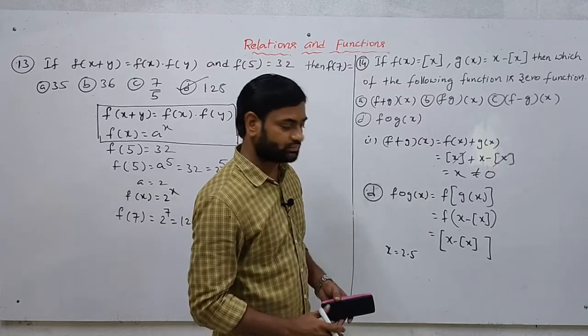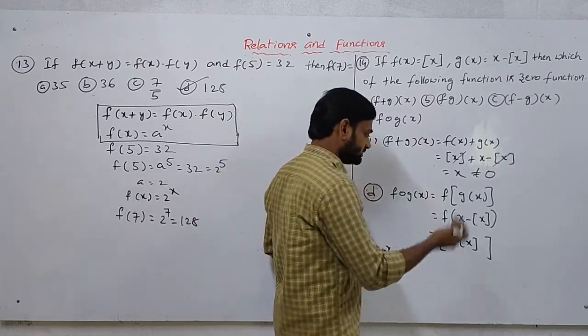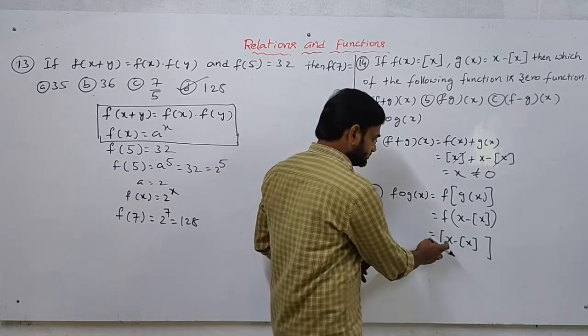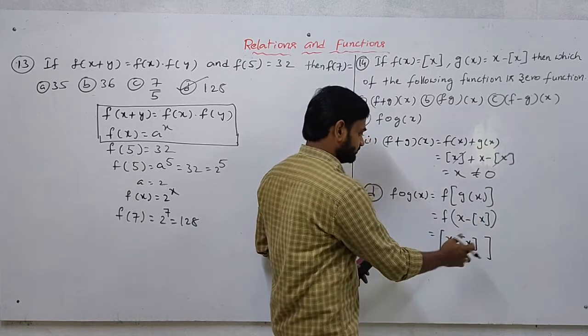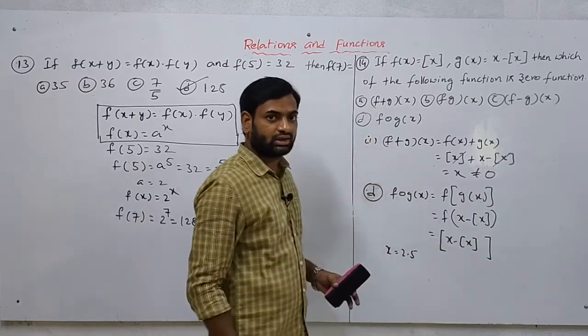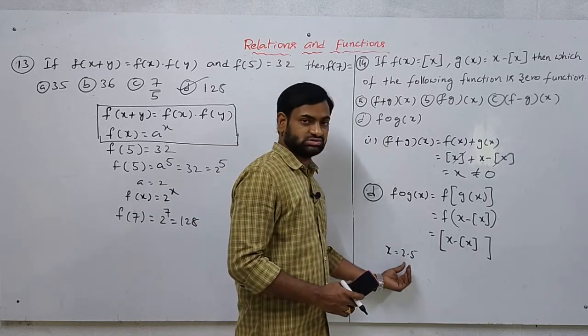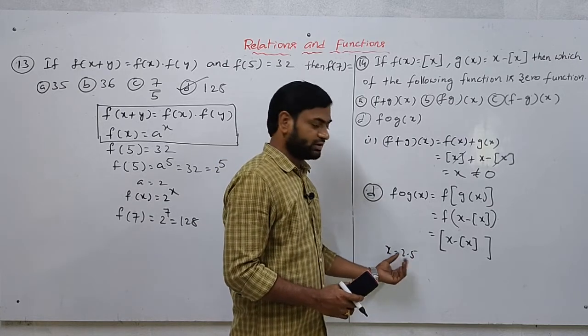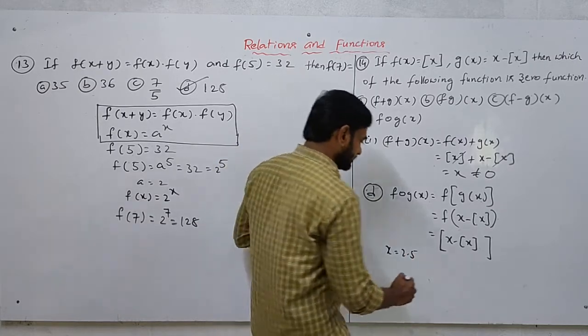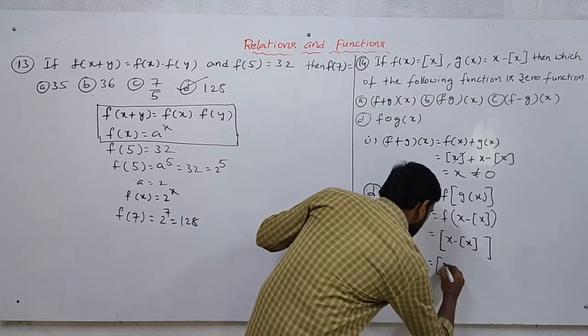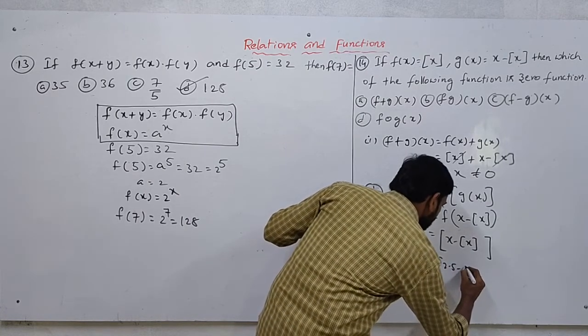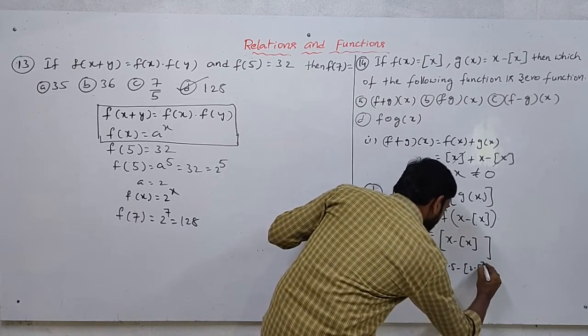If you take a normal value like 3 or 4, step 3 is 3, and 3 minus 3 is 0. That's why I am taking decimal values, 2.5, 2.3 like that. So now it is 2.5 minus step of 2.5.